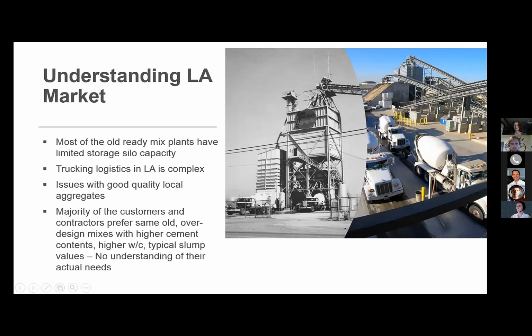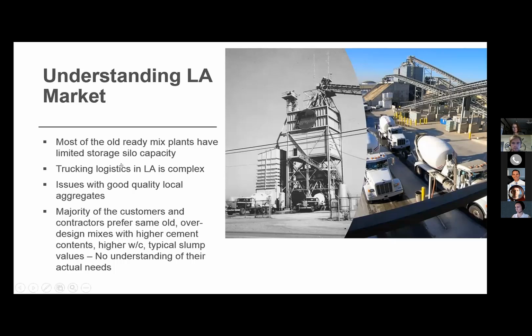So you have this infrastructure in Los Angeles that is slow to react to sustainability just because of logistics. And the problem is that you can't greenfield a new plant very easily. So something on the right there that has a huge capacity and lots of versatility is not the norm. But that plant, it's a downtown plant.